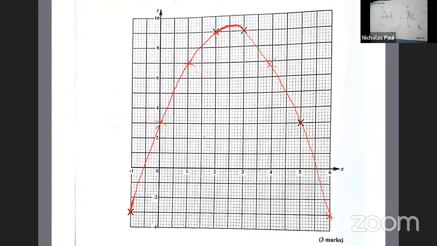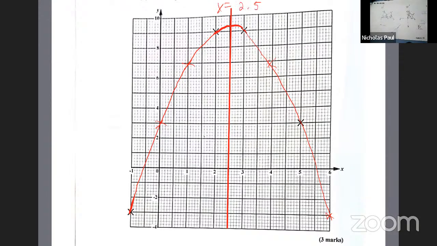X is 2.5. Correct. Right here. And that line splits it in two? Yep. So what's the equation of that line? X is equal to 2.5.